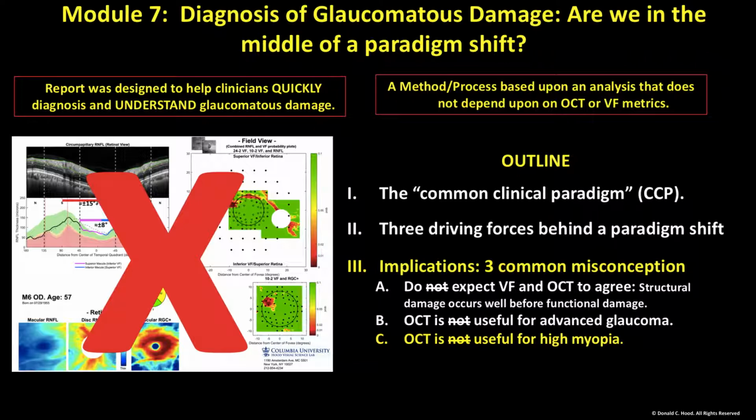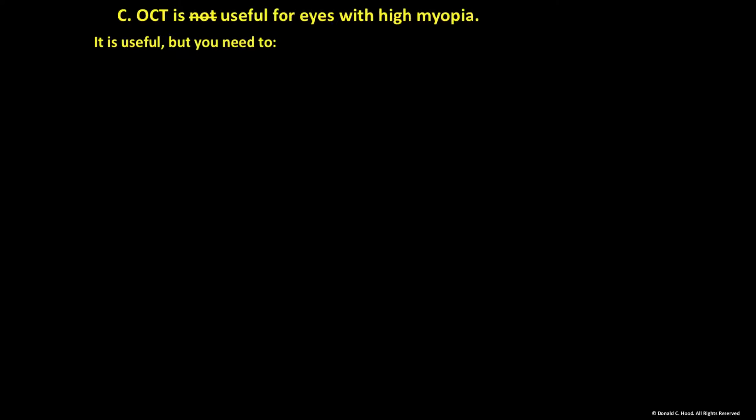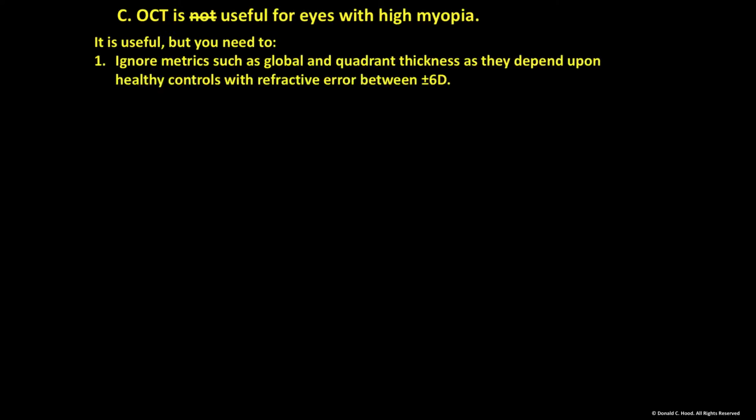Finally, just briefly, it's often said that OCT is not useful for high myopes. That's not true. It can be used, but once again, you want to ignore the metrics. You need to ignore metrics such as global and quadrant thickness because they depend on healthy controls with refractive errors better than plus or minus 6.